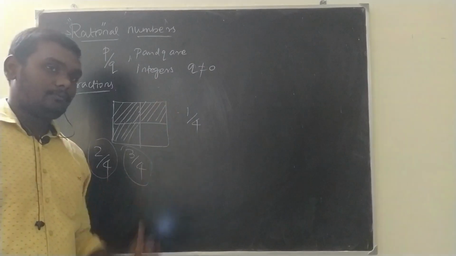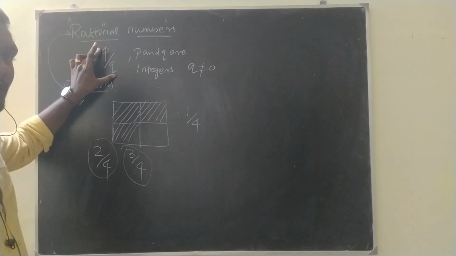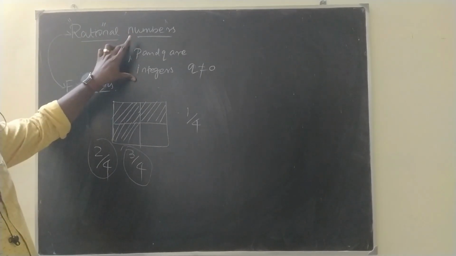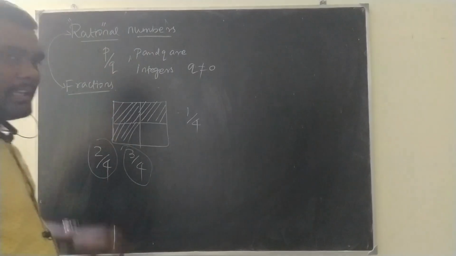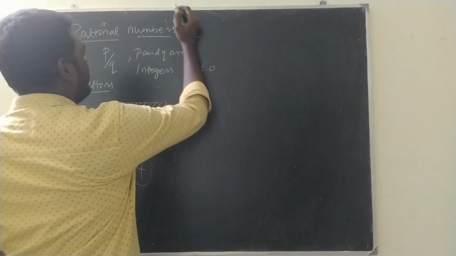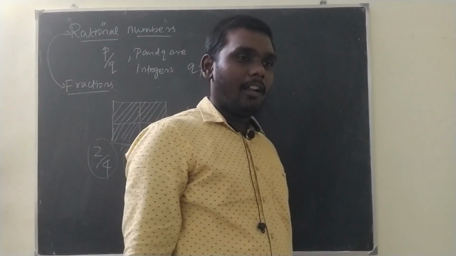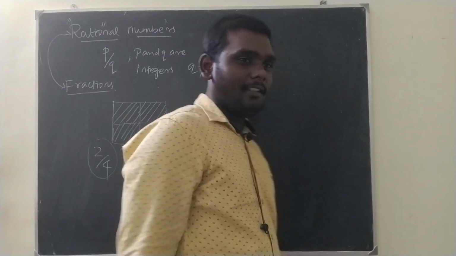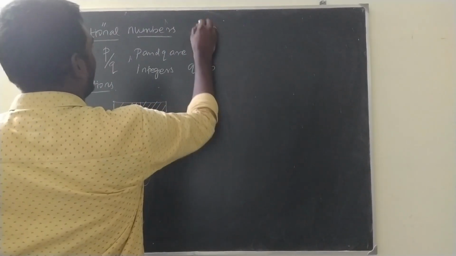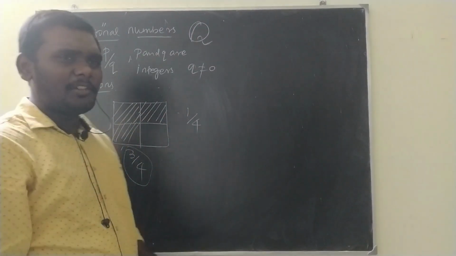Why is that so? See, these rational numbers are in the form of P by Q, and these rational numbers are denoted by the letter, the alphabet, guess what? R, but it is not R. It is denoted by Q, a different Q. Why is it denoted as Q?